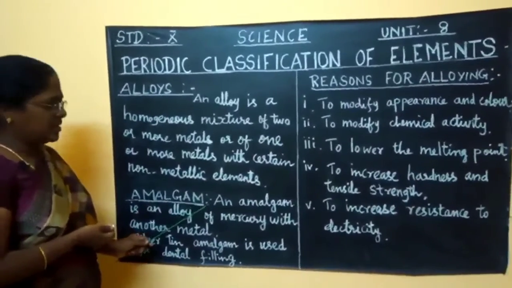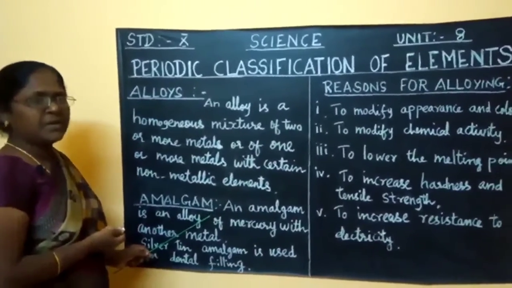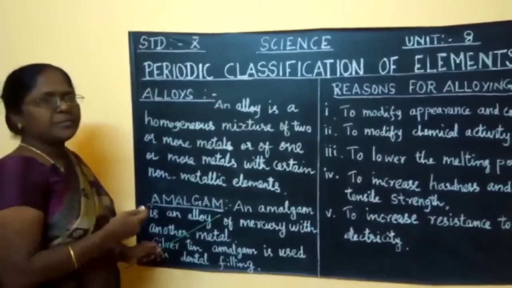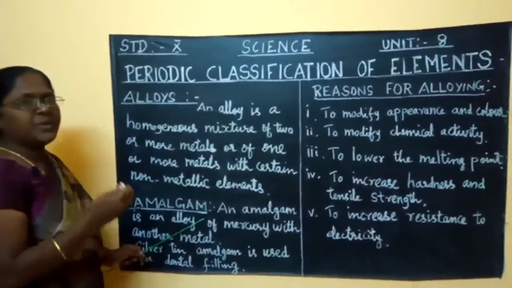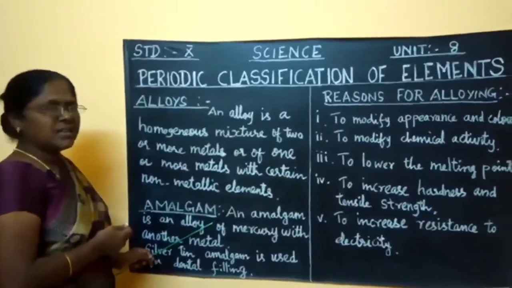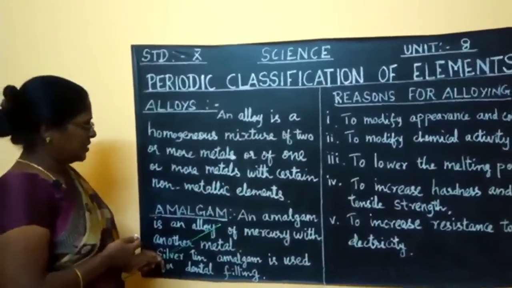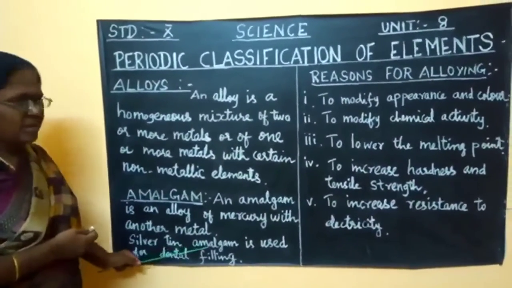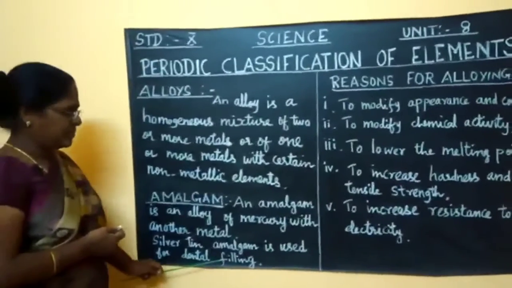I'll repeat. The amalgam is formed by the metallic bonding with the electrostatic force of attraction between the electrons and the positively charged metal ions.